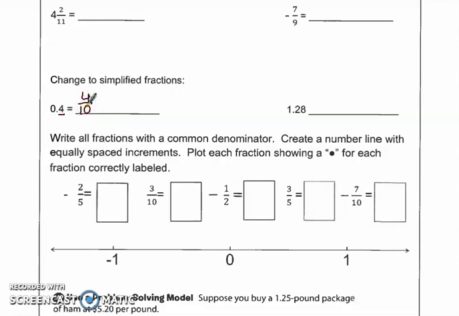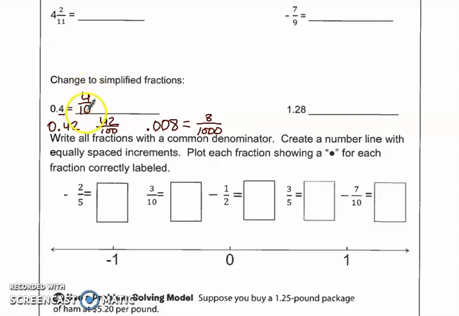If it was 0.42, that would be 42 hundredths. If it was 0.008, tenths, hundredths, thousandths, it would be 8 thousandths. So you're just looking at the place value of the last digit, okay?